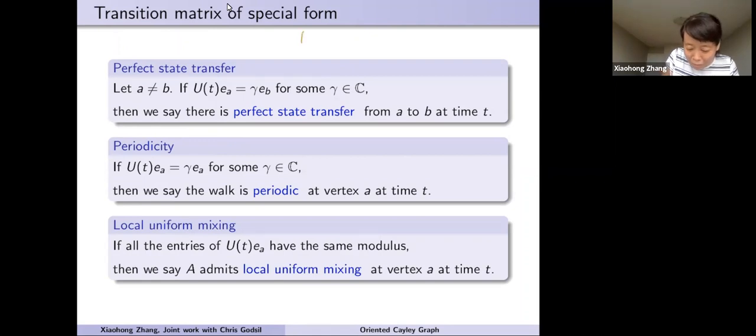For example, if A is real symmetric and there is PST from A to B, then we also have PST from B to A, or the walk is periodic at A.